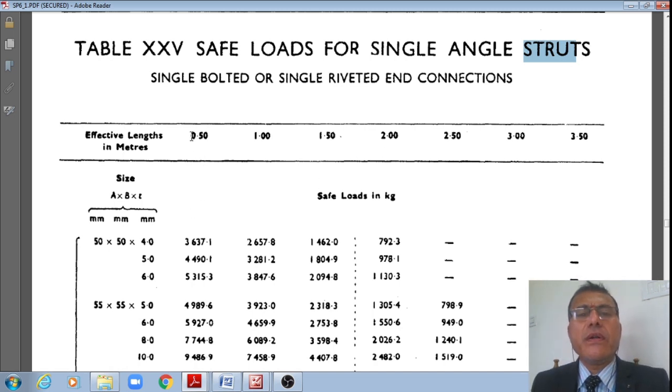Therefore with an effective length of 0.5 meter, it can resist 3637.1 kg.